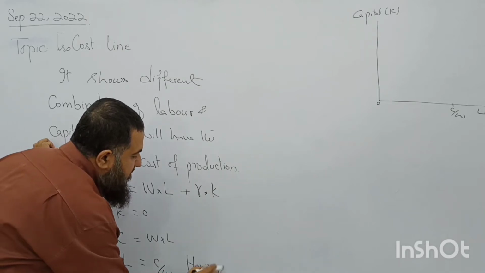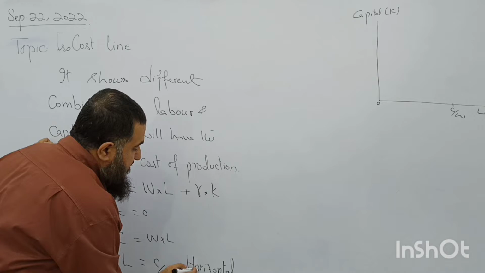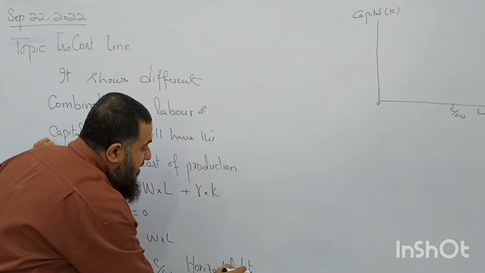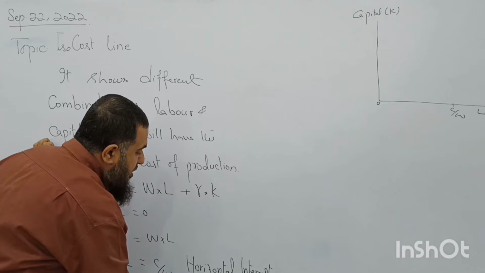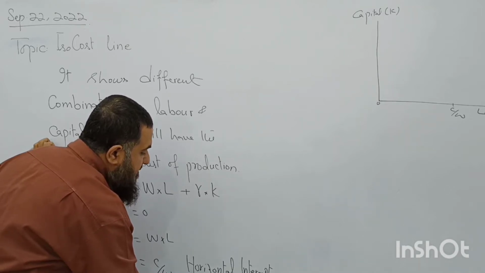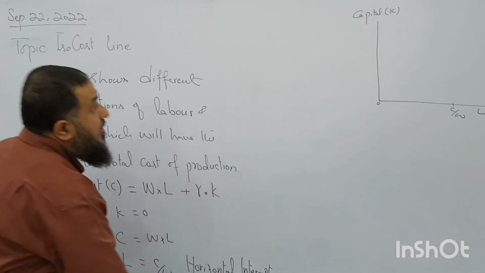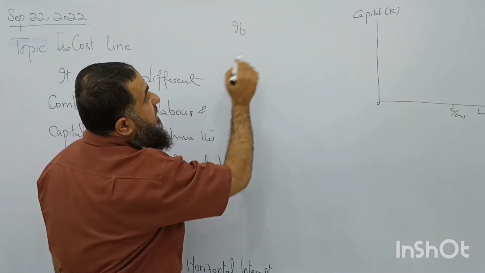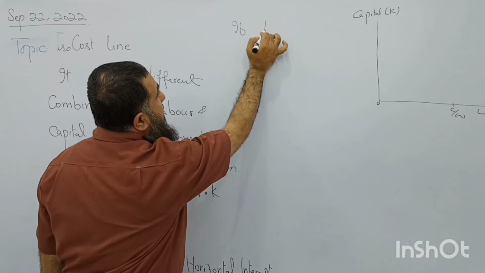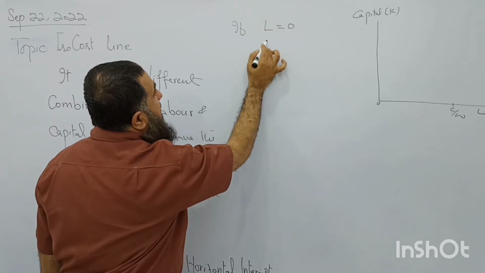Horizontal intercept of the isocost line. Clear?